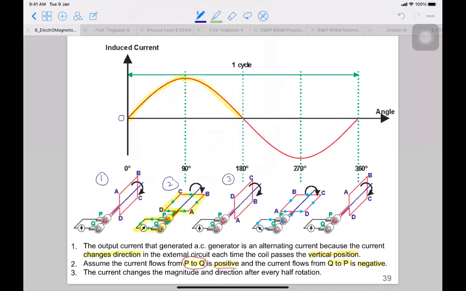And then as it continues to rotate, so the value of the induced current will also gradually increase until it is in the horizontal position like in number 4. So now the current that flows in the coil is from B to A and then pergi ke mana?